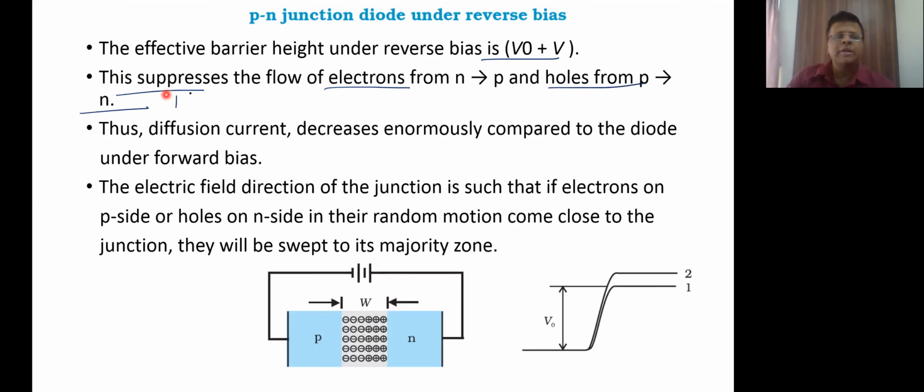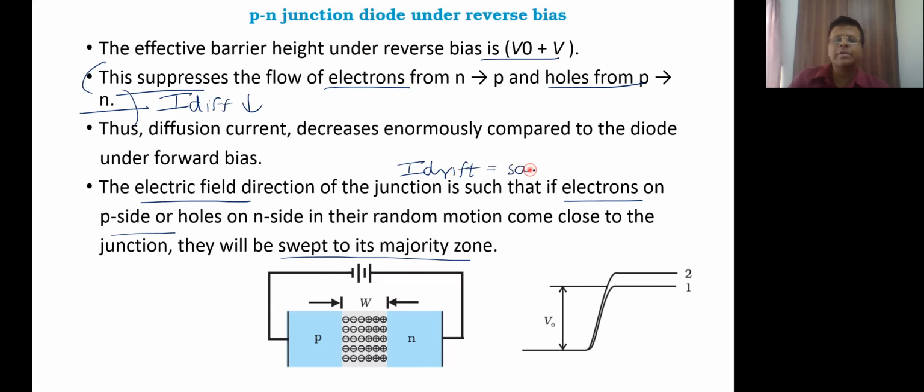That means your diffusion current decreases. That's what I mean by this statement. And the electric field, however, is going to aid the minority carriers in being swept across the depletion region. So drift current is going to remain as it is. It will be same in magnitude. Okay, chalo, isko le lo aap.